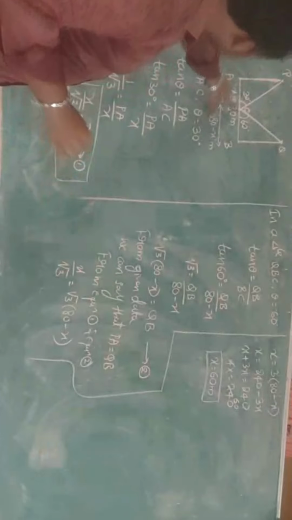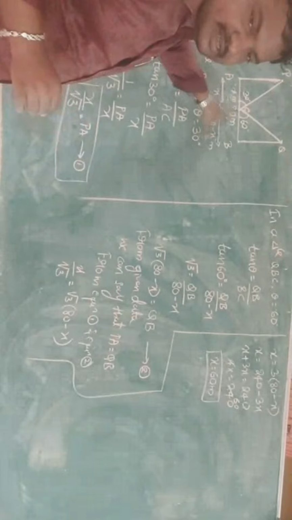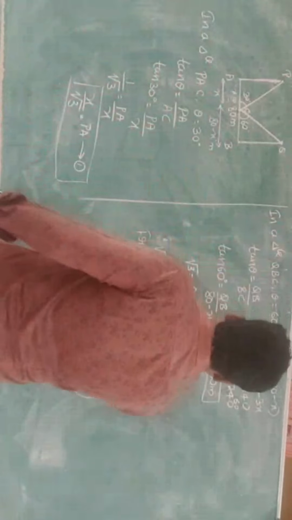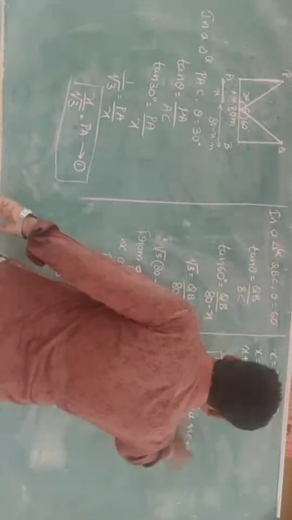So the distance of the pole from the point C is 60 and this is 20. Correct? 60 and 20. So now we can calculate the height of the poles AP and BQ. Put x value in equation number 1.